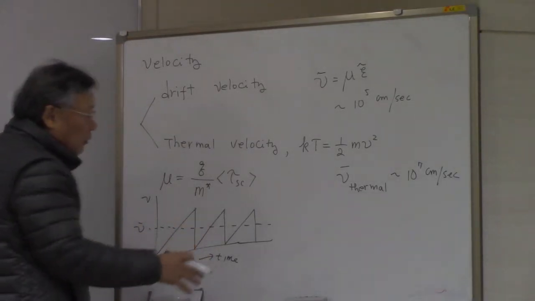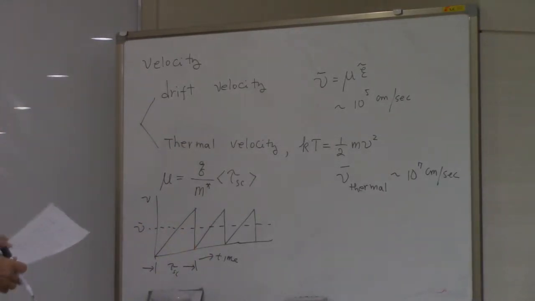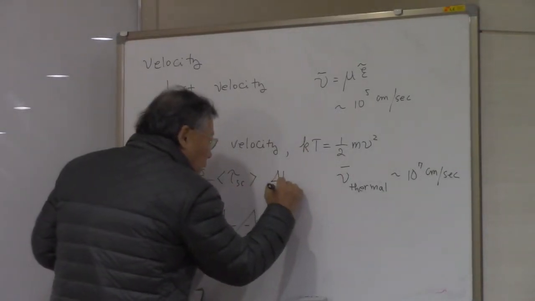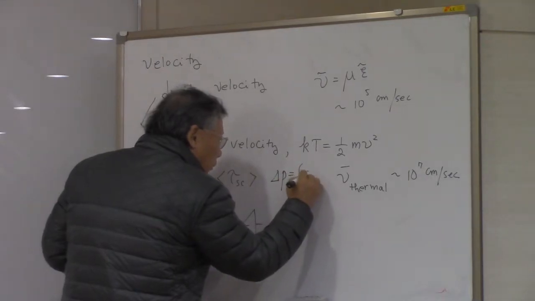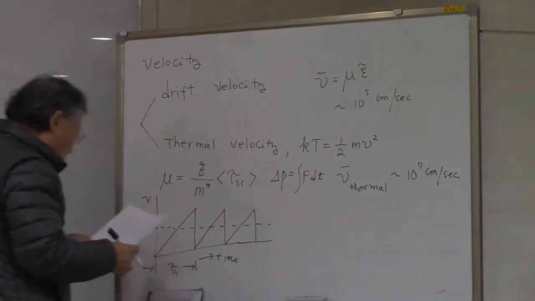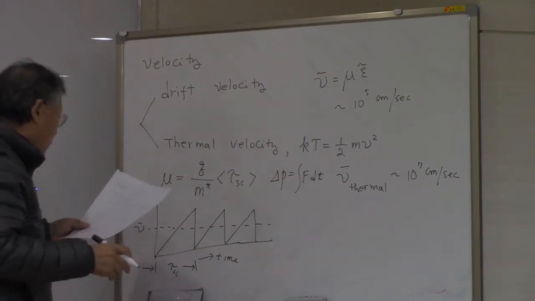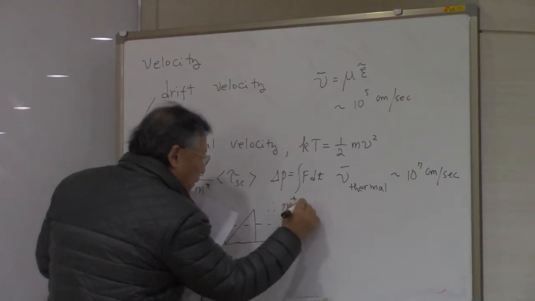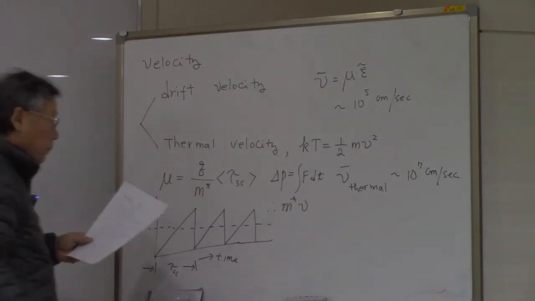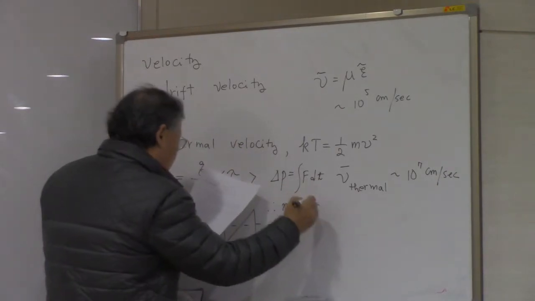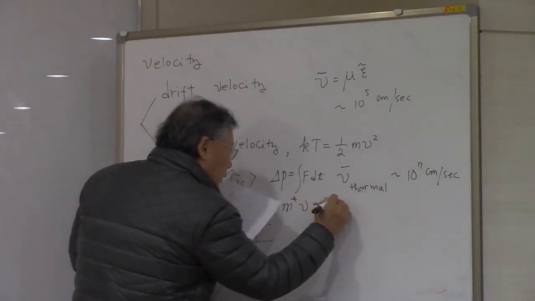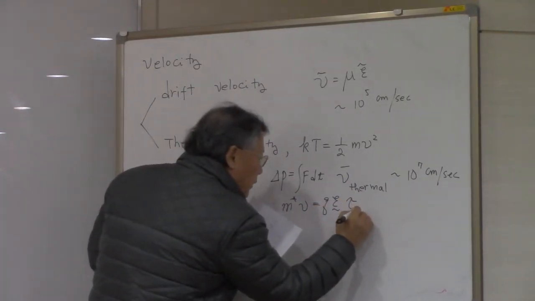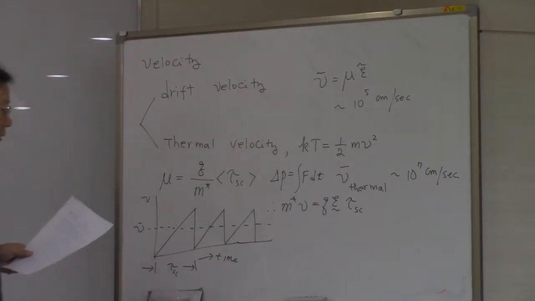So we don't have to go into the details of the mathematics to deduce this equation, but the momentum is the integration of the force with respect to time, so that this is m star v, that is the momentum, and then the force integration is going to be related to the scattering relaxation time, something like this, right?